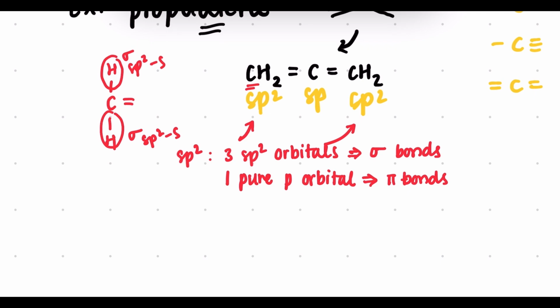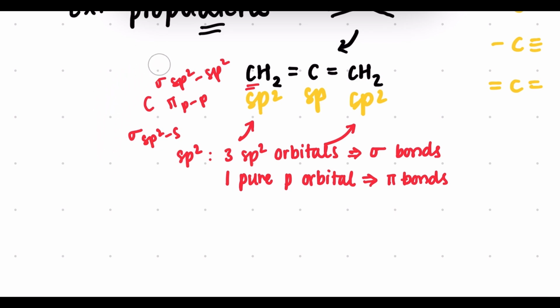And for the carbon-carbon double bond, one of them is a sigma sp2-sp2, and the other one is pi p-p. So those are the bonds that occur in this area. But let's first discuss the sp hybridized carbon, and then we'll get on to how geometrical isomerism even arises here.